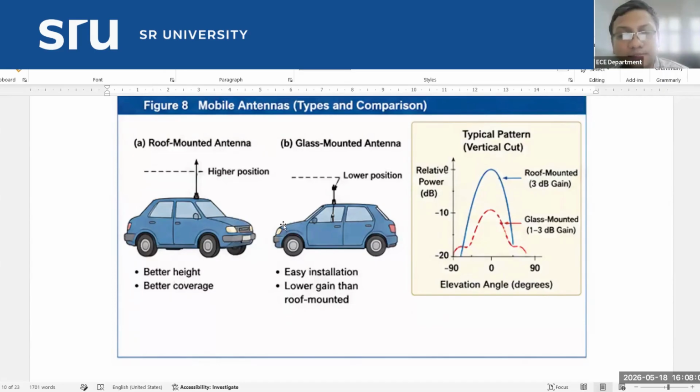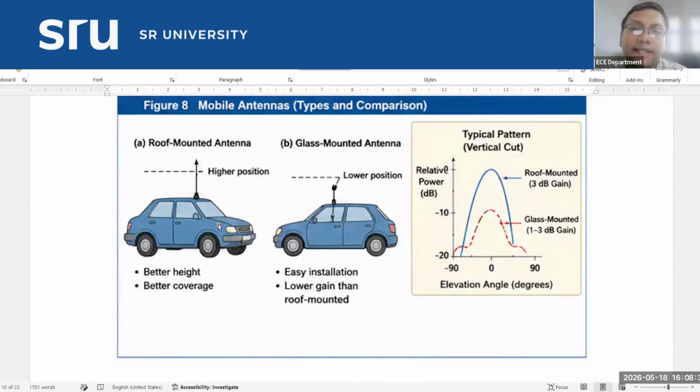Now two scenarios. Suppose we have a car and we need to mount the antenna. Where will there be higher gain? Roof mounted antennas will have higher gain, and glass mounted antennas will have lower gain. The key factor is, as we discussed in the last class, that for the receiver side, by changing the antenna height, we can have a difference of 3 dB.